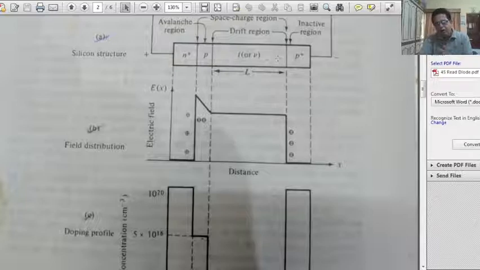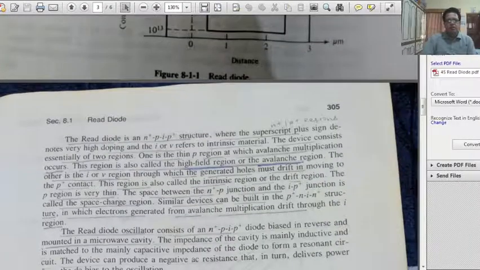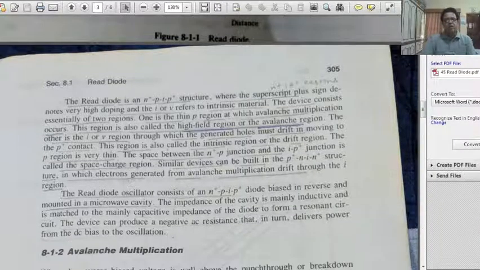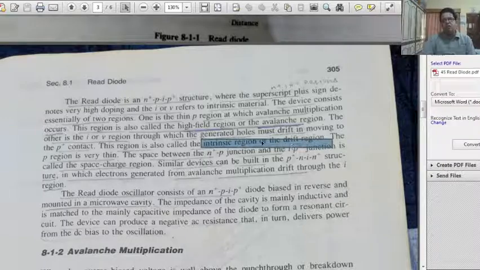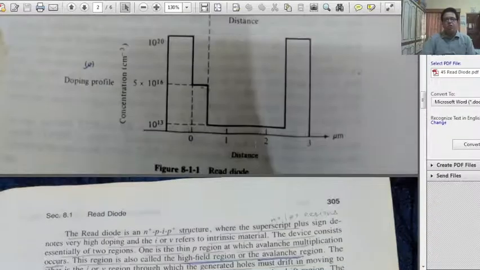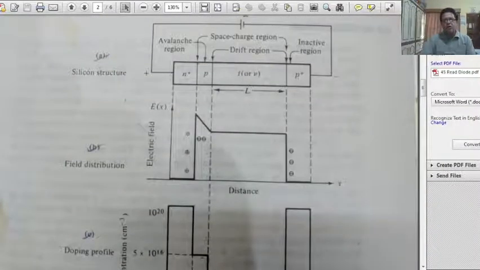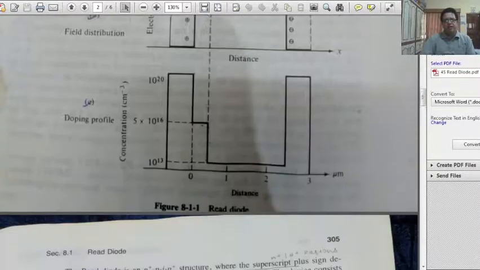Here holes are moving towards P plus. That means they drift. This region is also called the intrinsic region or drift region.